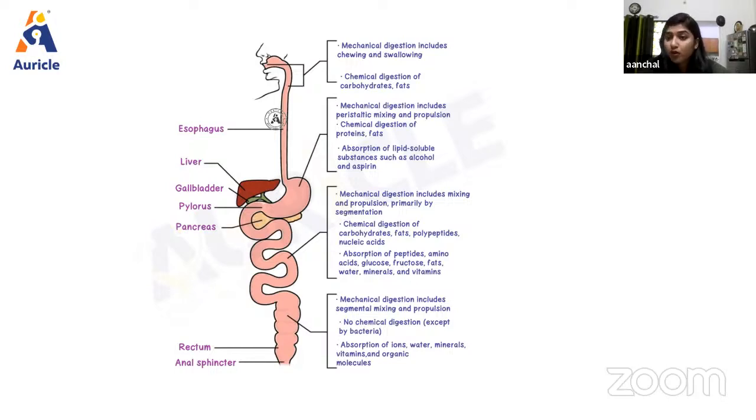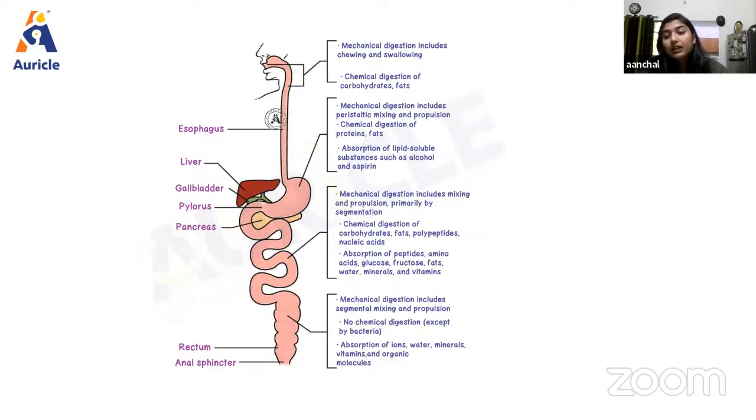Then next we have the small intestine. Here mechanical digestion includes mixing and propulsion, primarily by segmentation. Segmentation is basically the movement of the small intestine, and it is the mixing of food. In segmentation, there is a to and fro motion of the food like a pendulum, so that the food gets mixed with the enzymes or the juices which help in its digestion.